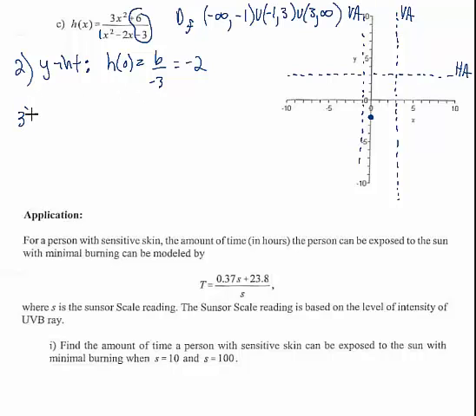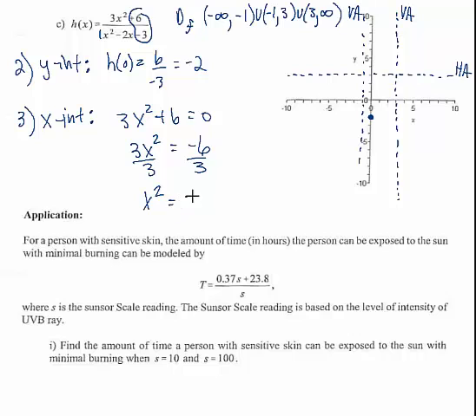Step 3, x-intercepts. We have 3x squared plus 6 equals 0. You set the numerator equal to 0. Subtract 6 from both sides. Divide by 3. X squared equals -2.